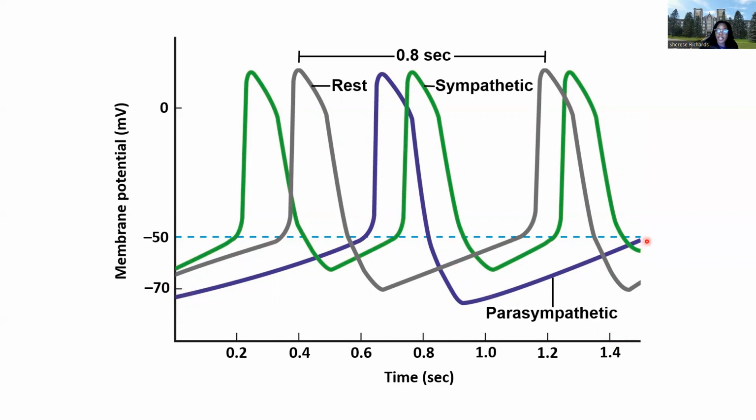On the other end of the spectrum, if we had more of that sympathetic influence, we would have 3 action potentials fired in this exact span of time. So notice how the parasympathetic system decreases the firing rate of the pacemaker cells, and the sympathetic system increases the firing rate of our SA nodal cells.